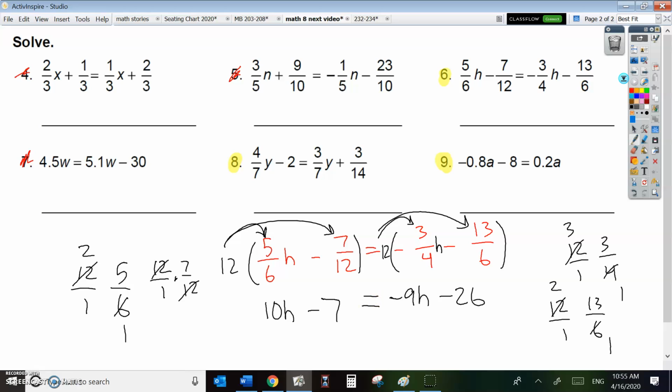And now, because this 10h is larger than the 9h, I'm going to move the 9h to that side. Adding 9h to both sides. These cancel, and then I'll add 7 to both sides, and these will cancel.